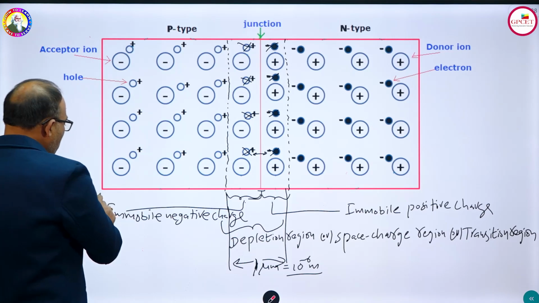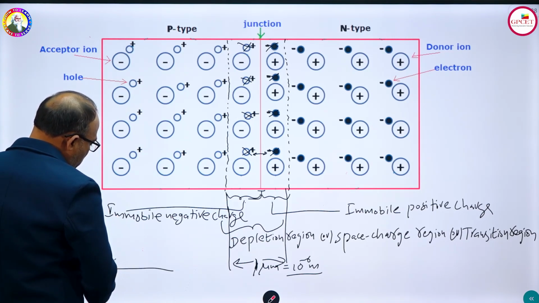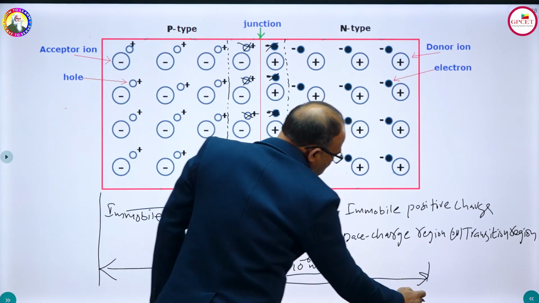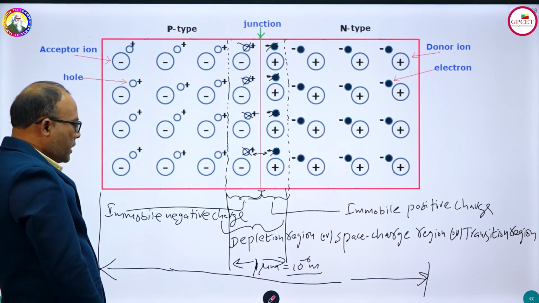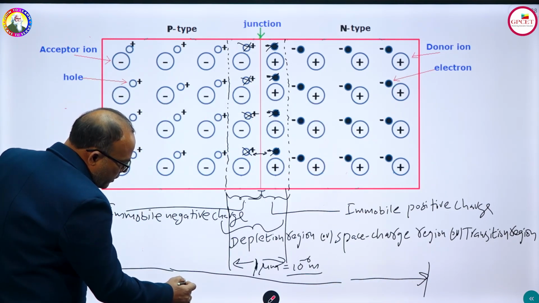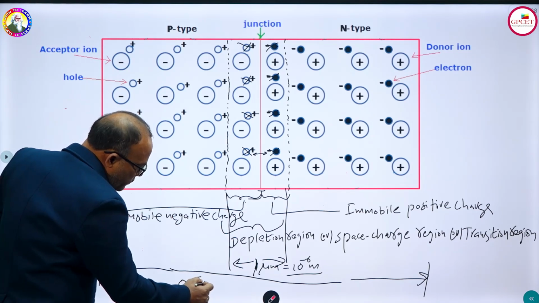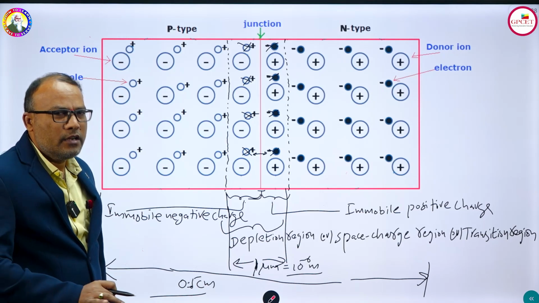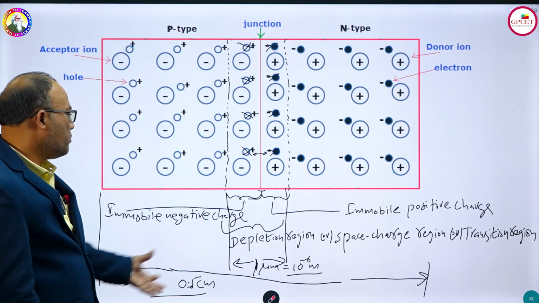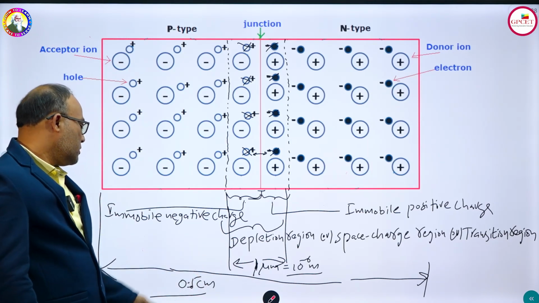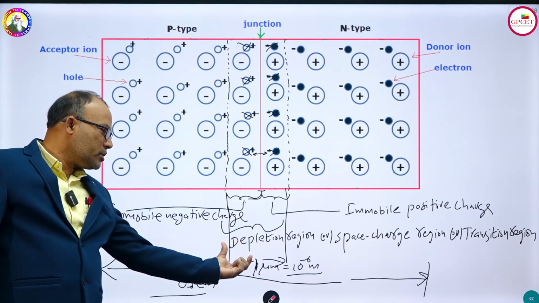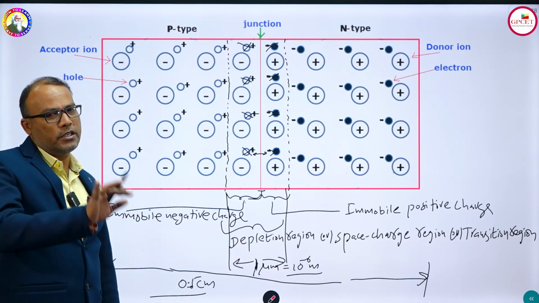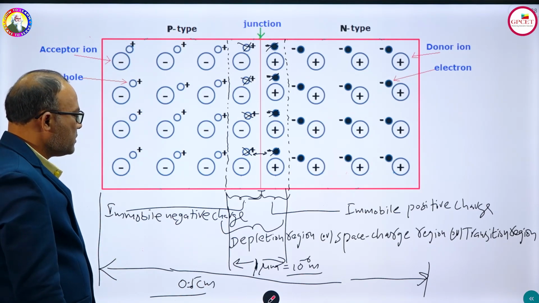Similarly, the width of the complete diode structure, the combination of P and N, has an ideal value of 0.5 centimeters. Remember, these are the ideal values of a PN diode: the complete structure is 0.5 centimeters and the depletion region width is only 1 micron, that is 10 power minus 6 meters.